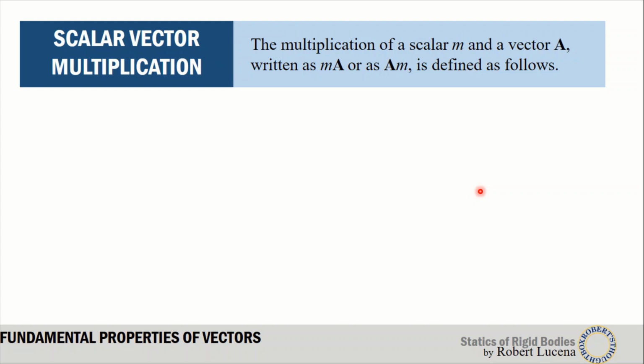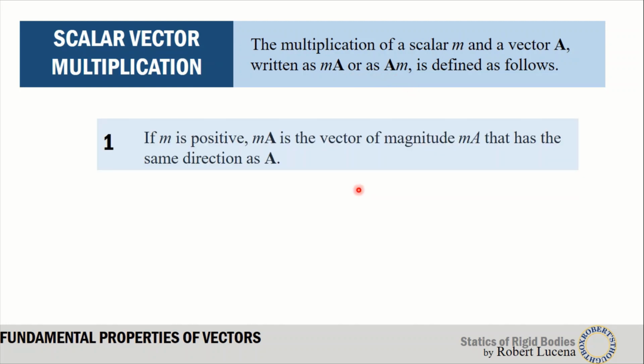The multiplication of a scalar m to a vector A, written as mA or as Am, is defined as follows. If m is positive, mA is the vector of magnitude mA that has the same direction as A. Recall that m is simply a magnitude.